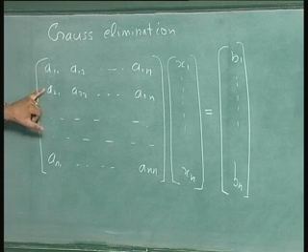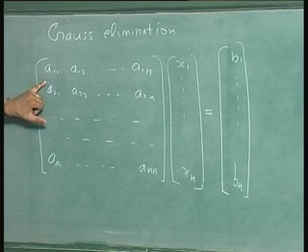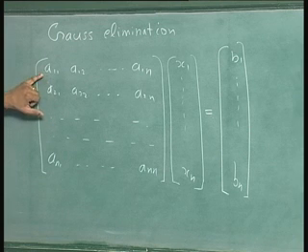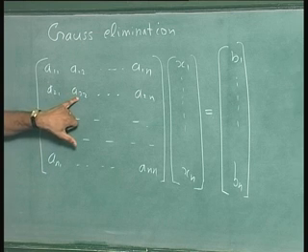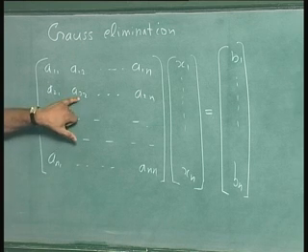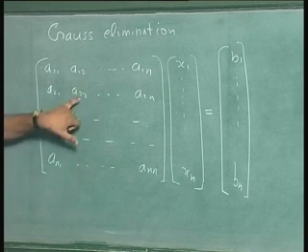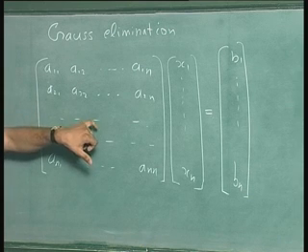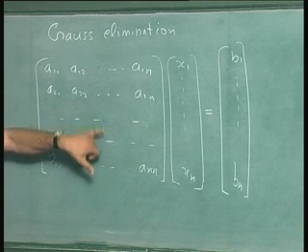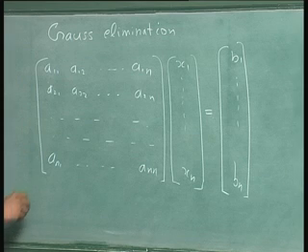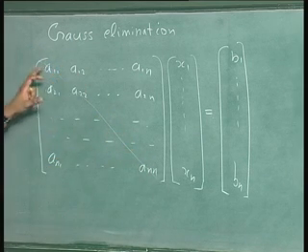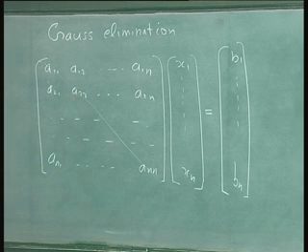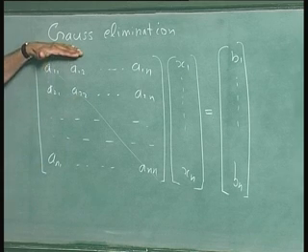Hence we use that method to eliminate all the elements below the first row in the first column, below the second row in the second column, below the third row in the third column, etc., to get a matrix which is non-zero only on the diagonal and above. That was the idea of the Gauss elimination scheme.